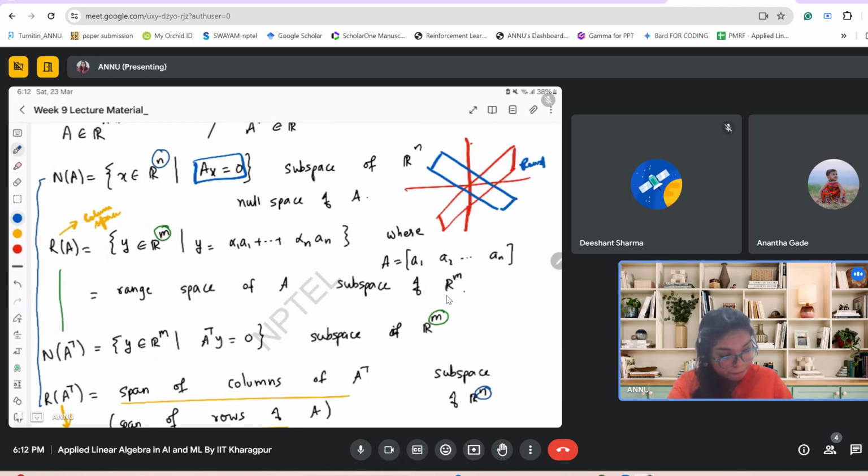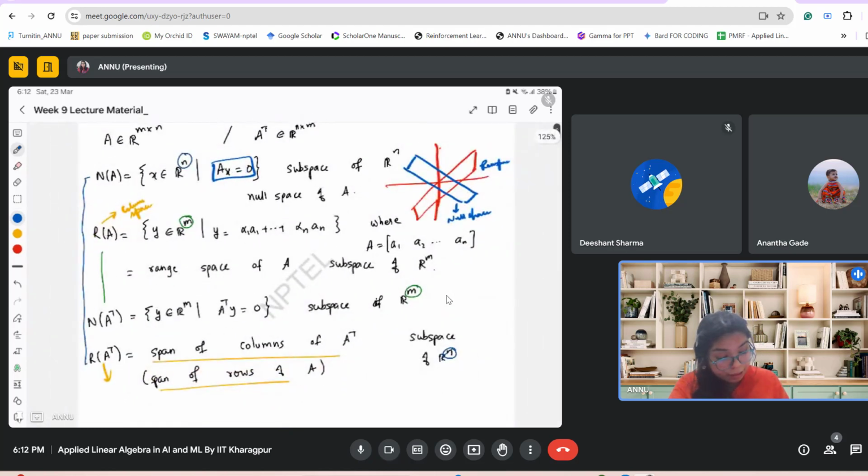This is the row space and this is the null space. Similarly, if you apply the same logic, the column space will be perpendicular to the null space of A transpose. For perpendicularity, they should belong to the same R power n. This is R power n and this is R power n. Otherwise, if they are different vector spaces, we can't comment on the row space and the column space.